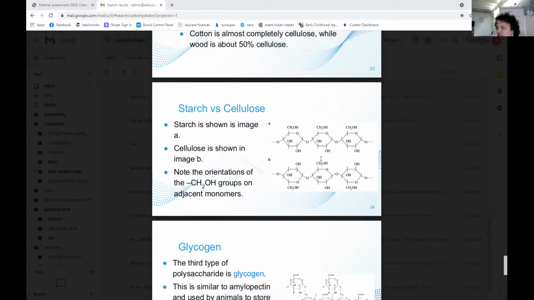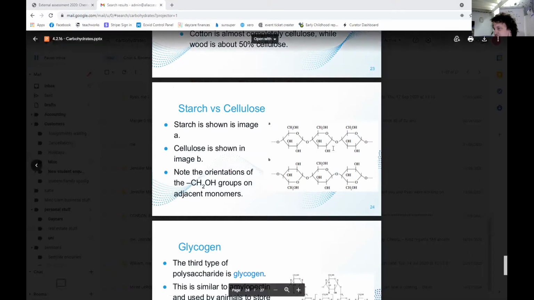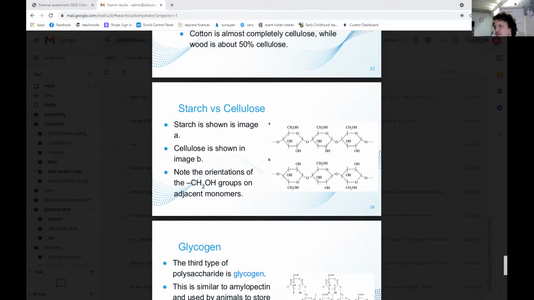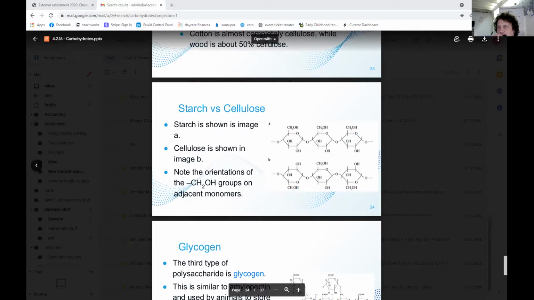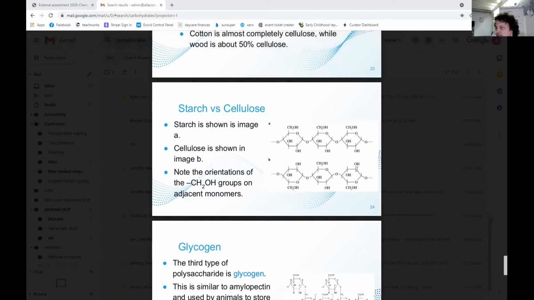So cellulose is a long chain polymer, but so is starch. But look at the orientation of the OH groups. So here, starch, the OH groups are all on the same side. Here, they're oriented differently.